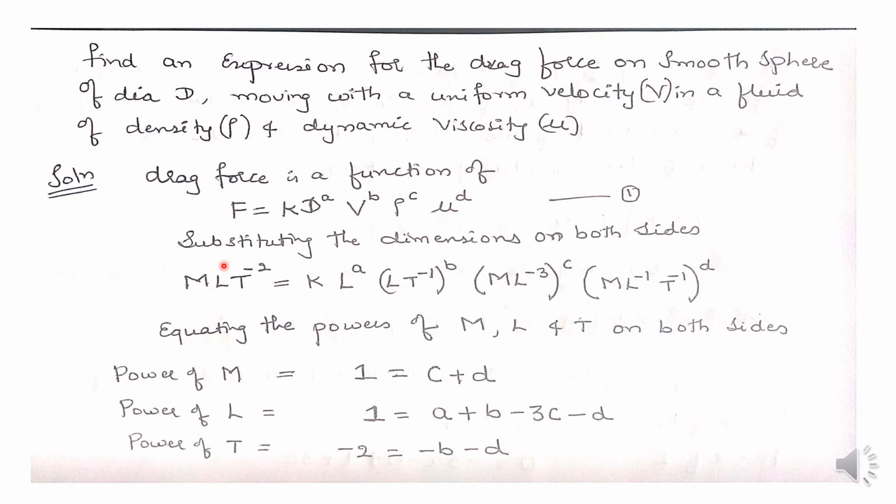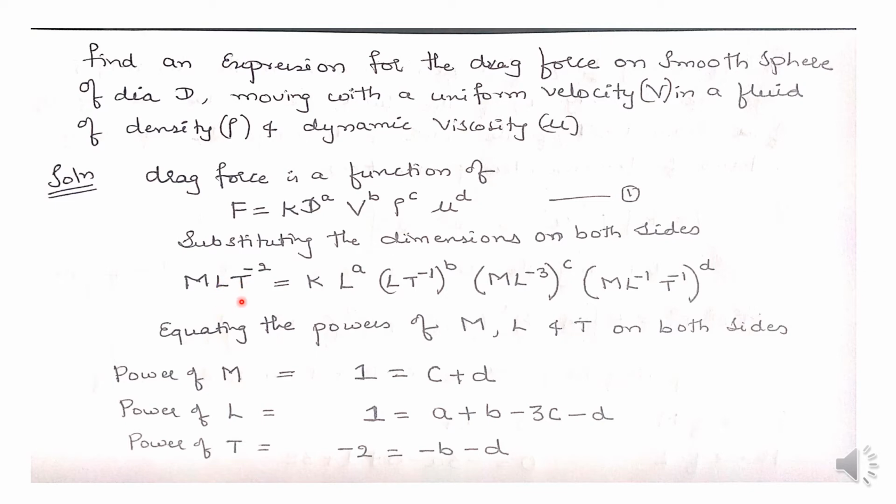Mass into acceleration, where mass has the fundamental dimension M. The unit of acceleration is meter per square second, where meter has the fundamental dimension length L, divided by second square, that is t square. So t to the power minus 2.